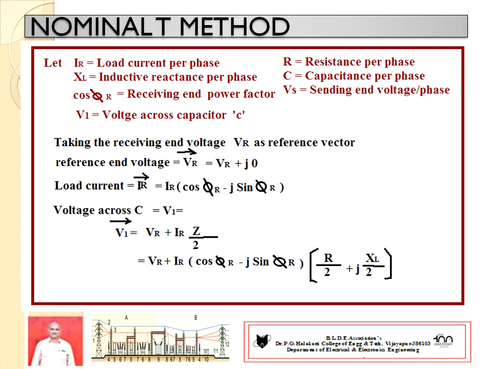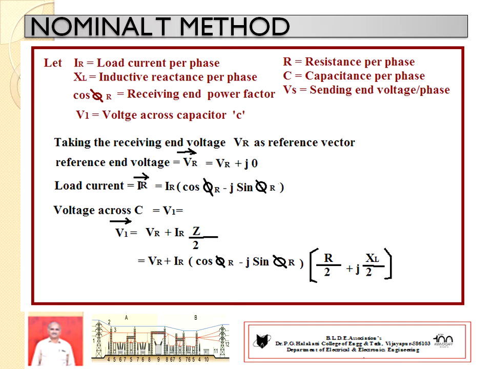Once again I am repeating: IC is the capacitance current, R is the resistance per phase, C is the capacitance per phase, Vs is the sending end voltage per phase, cos phi r is the receiving end power factor, V1 is the voltage across the capacitor, IR is the load current or receiving end current, and XL is the inductive reactance, all per phase.